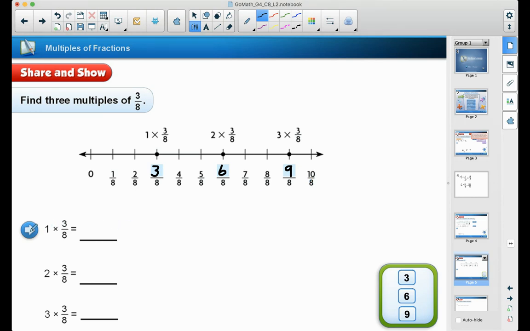So if you're going to multiply this, you will take the fraction and first multiply it by 1. 1 times 3/8 is 3/8. 2 times 3/8 is 6/8. And 3 times 3/8 is 9/8.